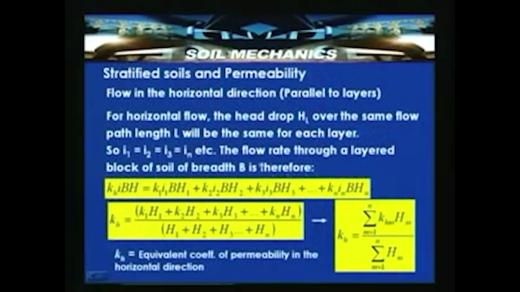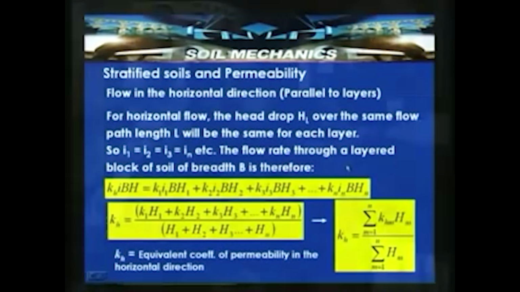Now consider the flow rate through a layered block of soil of breadth B. Assume that this permeameter has a breadth of B perpendicular to the plane of the figure.